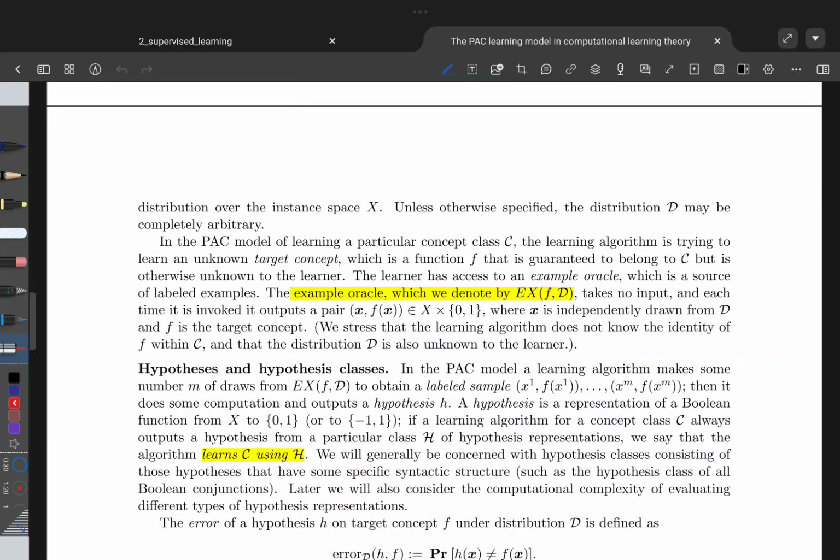All right, and what you get to see is a particular data set where there's a target function, which is actually a Boolean conjunction, and you observe the function values for some subset of the binary strings.